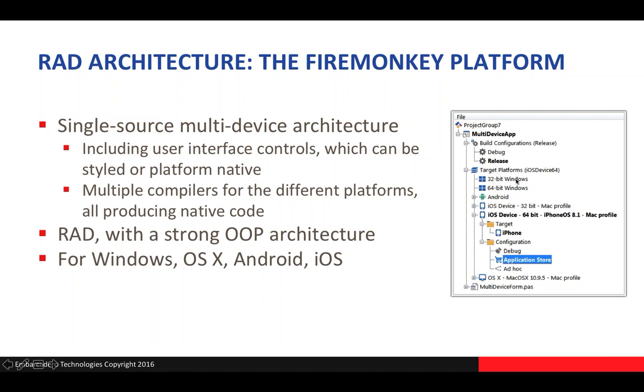The target platforms, obviously, we've been used to having Win32, Win64. The mobile platforms are just an extension of this. The one thing that is different under the mobile platforms is that not only do you have the devices that are connected up to the machine available, and that can also be a simulator as well as the physical device for iOS, but you also have configurations which are slightly different to the build configurations.